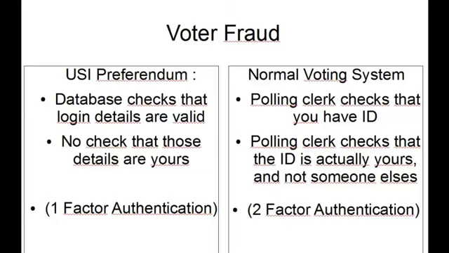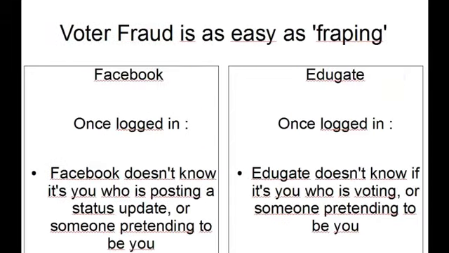In any normal voting system, the polling clerk checks, one, that you have ID, and two, that ID is actually yours. And these two factors prevent the kind of impersonation that USI's Preferendum allows and makes easy. Basically, Edugate is as secure from fraudulent voting as Facebook is secure from fraping.